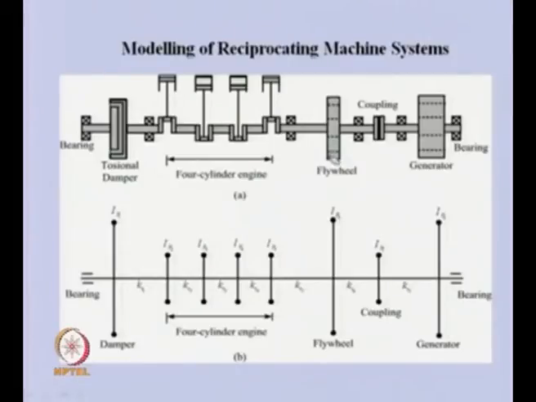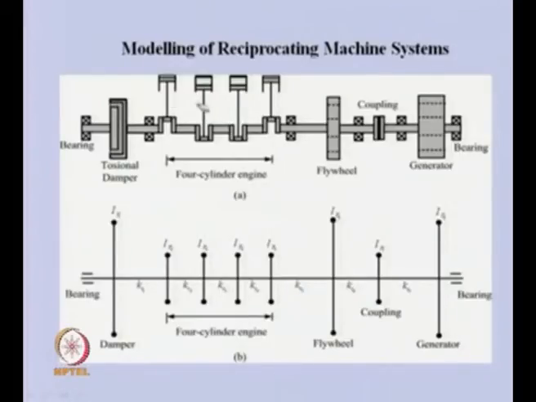To make the supply of energy more uniform, we provide some kind of flywheel, and then the coupling and maybe a generator or similar parts will be there. Other parts like the flywheel, coupling, generator or damper are revolving parts.